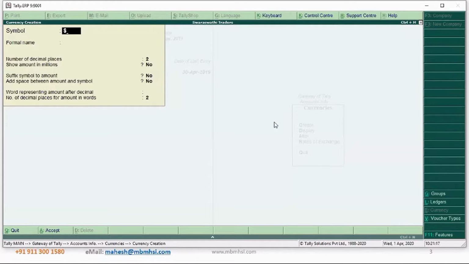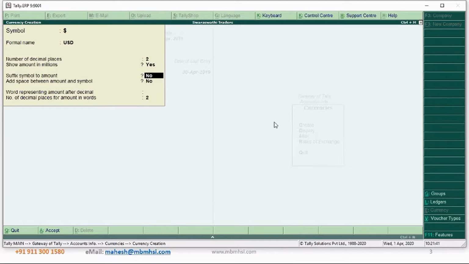Symbol is dollar. Okay, formal name is USD, US dollar. Now number of decimals is 2, which in US it's called as cents. What we call paisa is called as cents in US. Show in millions. If you want to show this in millions, generally they use millions. Yes, it is required. Suffix symbols to amount.